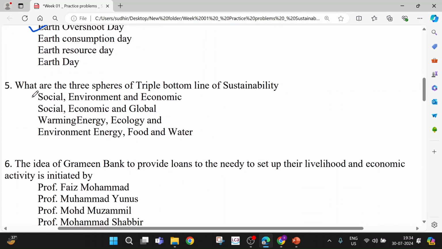And we can mark this option. So this is question number 6. Option B, Professor Muhammad Yunus.